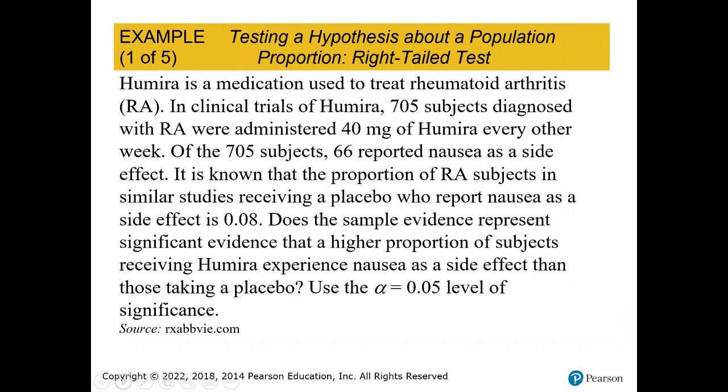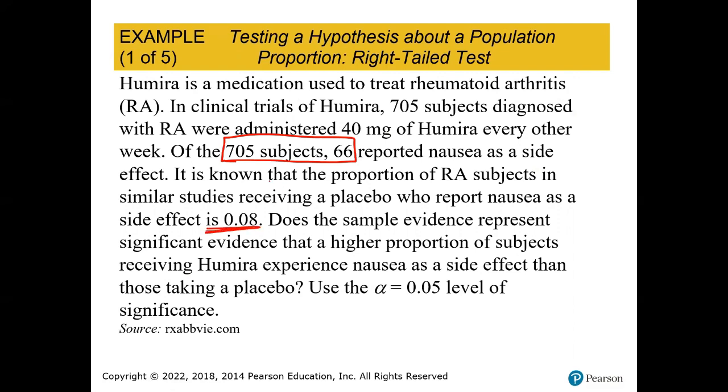Humira is a medication used to treat rheumatoid arthritis. In clinical trials of Humira, 705 subjects diagnosed with RA were administered 40 milligrams of Humira every other week. Of the 705 subjects, 66 reported nausea as a side effect. So this is what we were told. It is known that the proportion of RA subjects in similar studies receiving a placebo who report nausea as a side effect is 0.08.